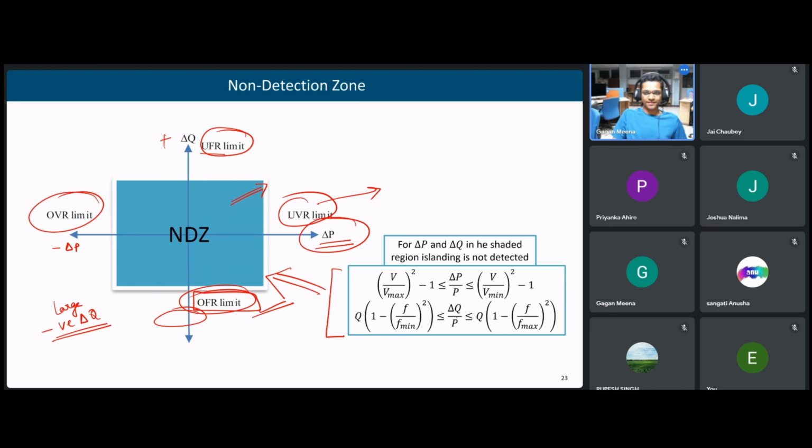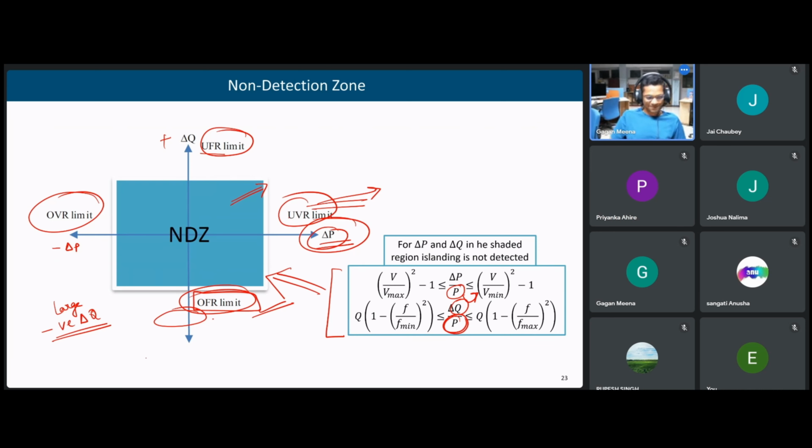So here you can see, since delta Q is dependent on P, and P is dependent on V also, we cannot say that Q is directly related to F. Oh, sorry, V. And F is directly related to P. In one sense it is opposite here, because P mismatch is causing a voltage change and Q mismatch is changing the frequency.